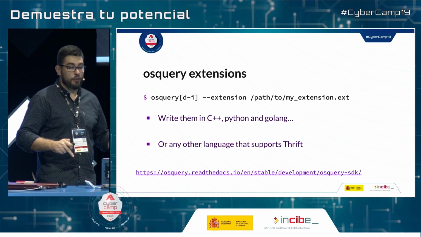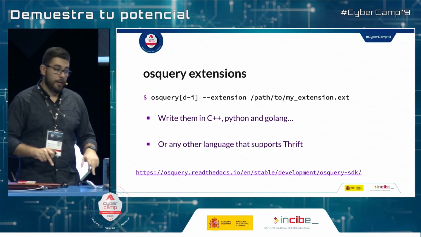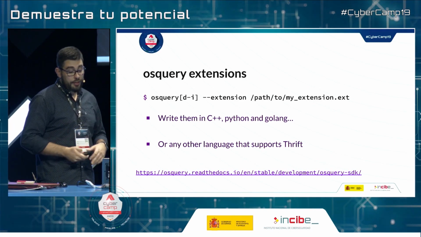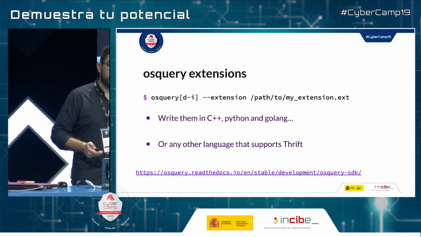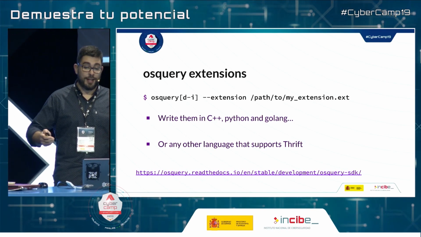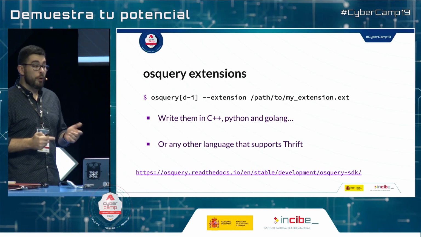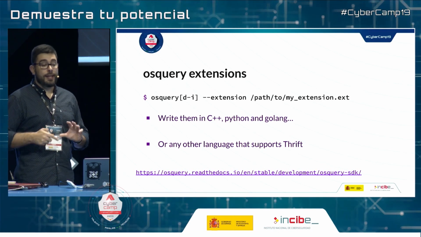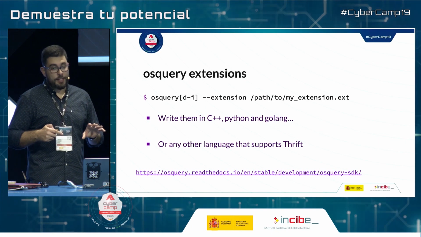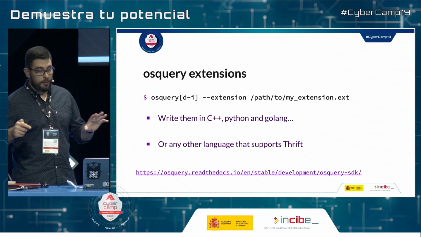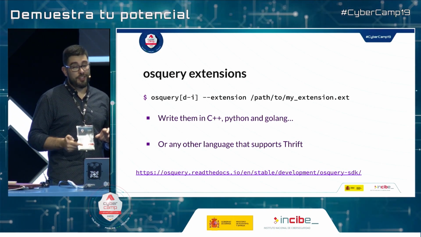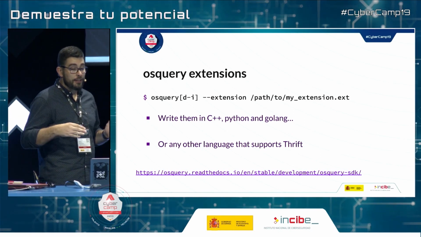And osquery extensions. You can extend the configuration of osquery if you just have information from a Thrift handler. Then you can access information from tables that you're interested in. It's a very powerful tool, but it needs to have performance as a priority.